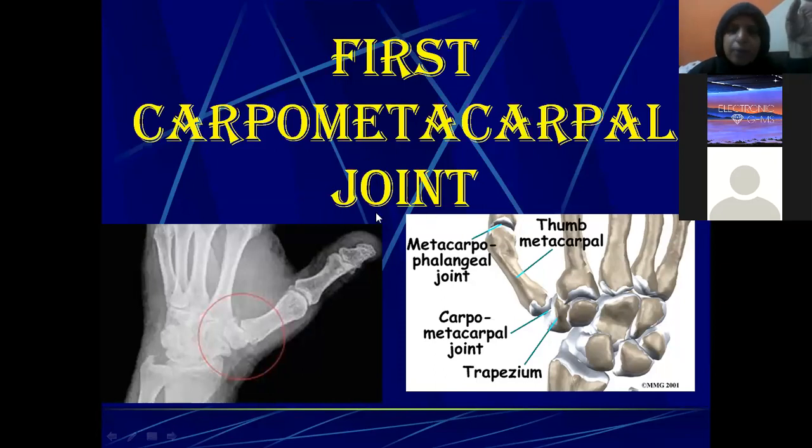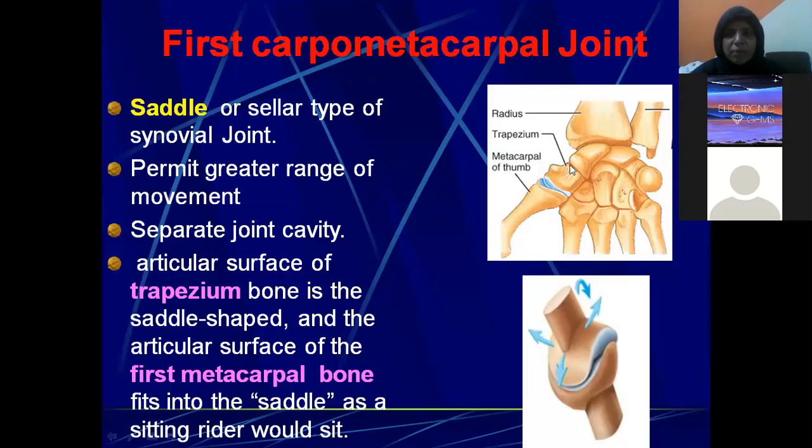The last topic in the upper limb is the first carpometacarpal joint. Very, very important. So how is this joint formed? See here. It is saddle type, that means reciprocally concavo-convex surfaces with the trapezium and the metacarpal bone base, the proximal end.